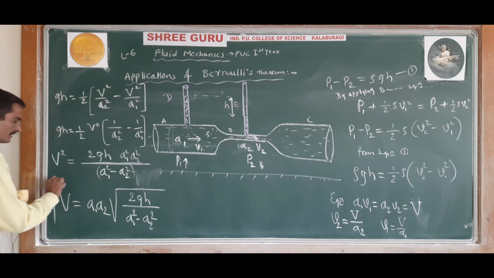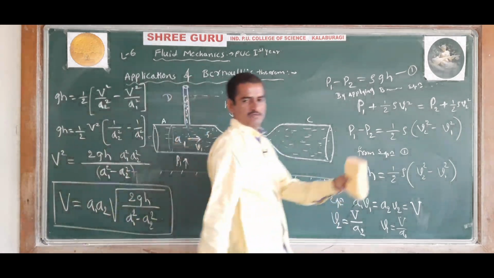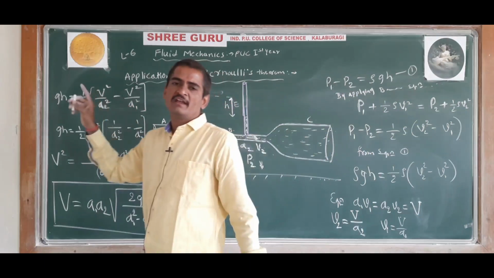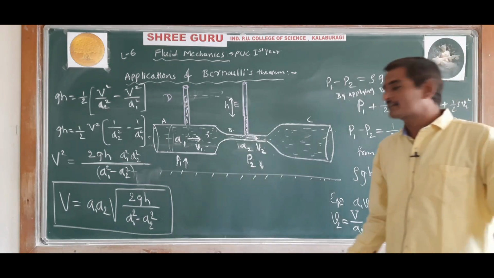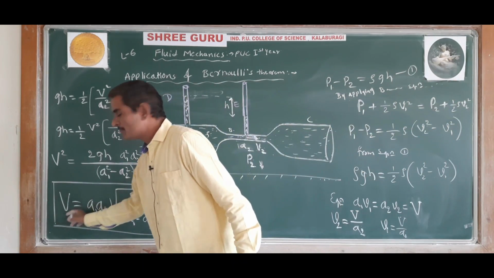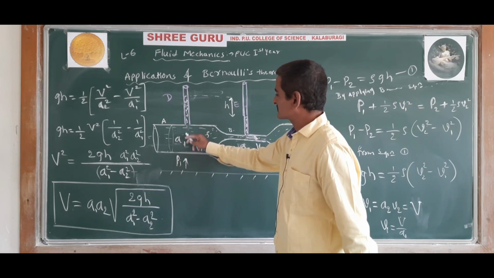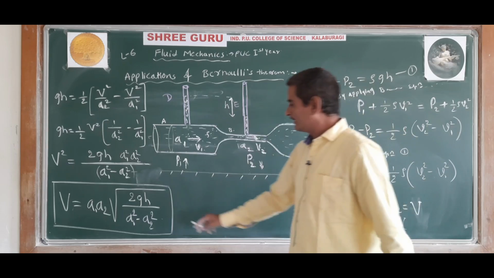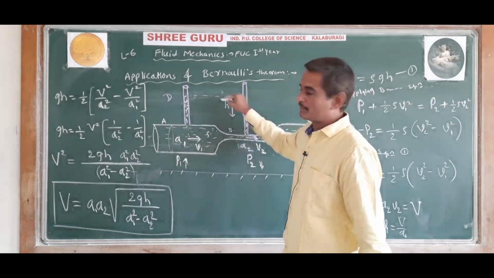So this will give the volume of liquid flowing per second through this tube. This is called a Venturimeter. Venturimeter is nothing but a device used to measure the volume of liquid flowing per second. Capital V is the volume of liquid flowing per second, A1 is the cross sectional area at the point A, A2 is the cross sectional area at the point B, and H gives the pressure difference.